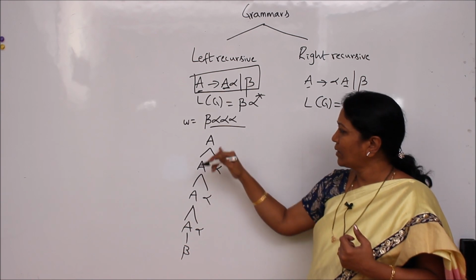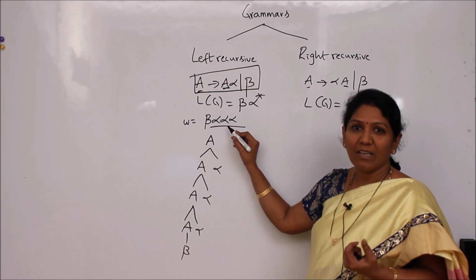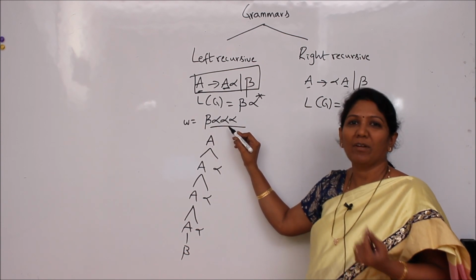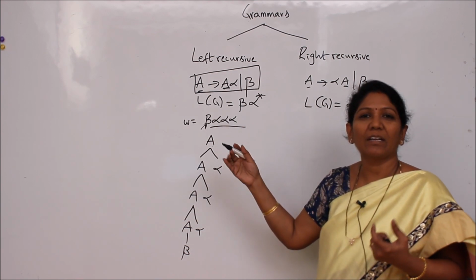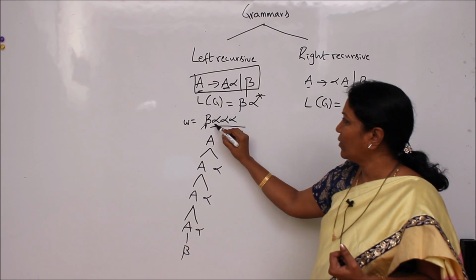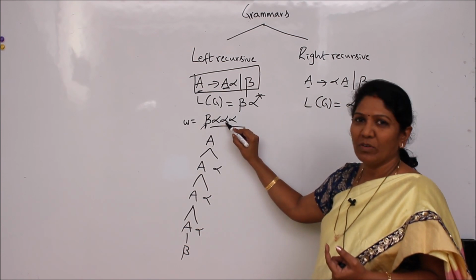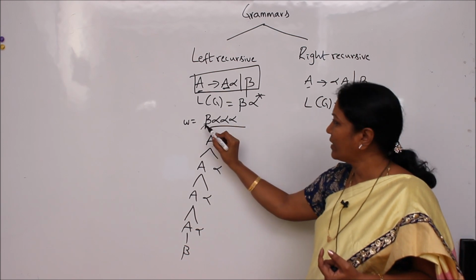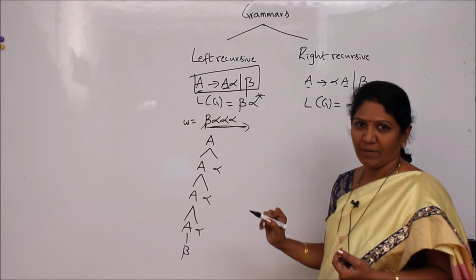Remember, in order to derive the string, any parser reads the input string symbol by symbol from left to right. That means initially it will read beta, it will wait until beta is derived, then it will go with the next symbol, that is alpha. Once this alpha is derived, then it goes to next symbol and so on. Always traditional reading is symbol by symbol from left to right.